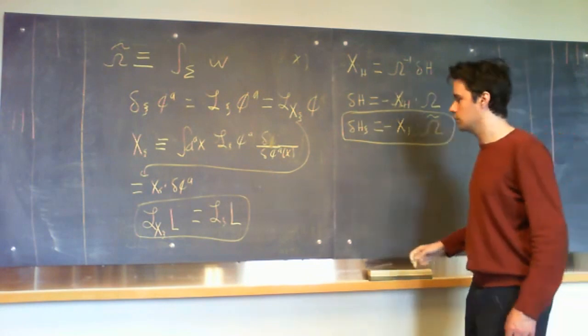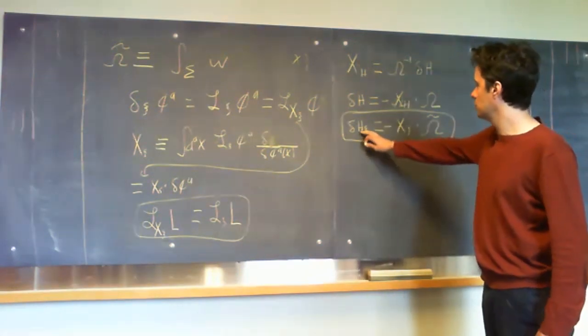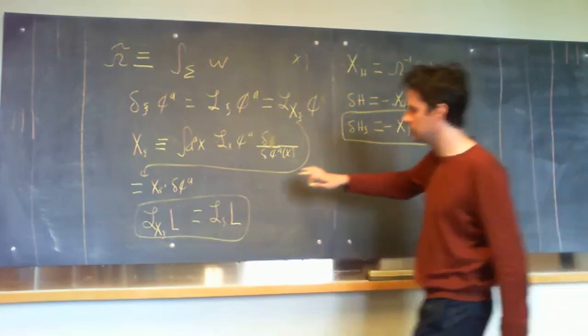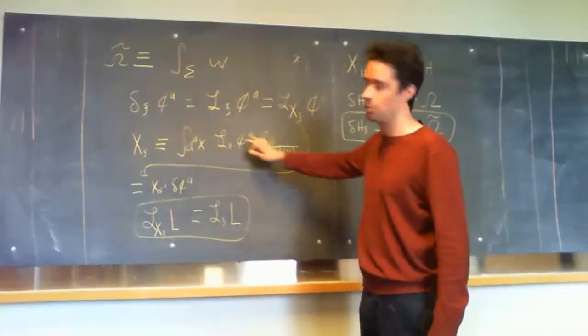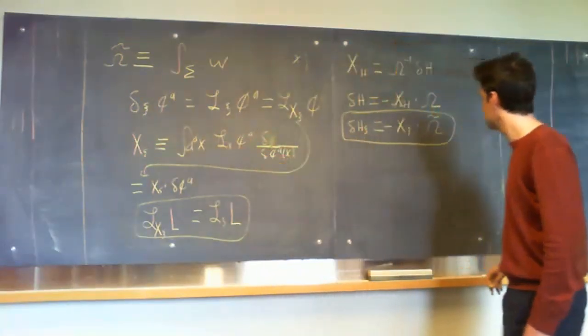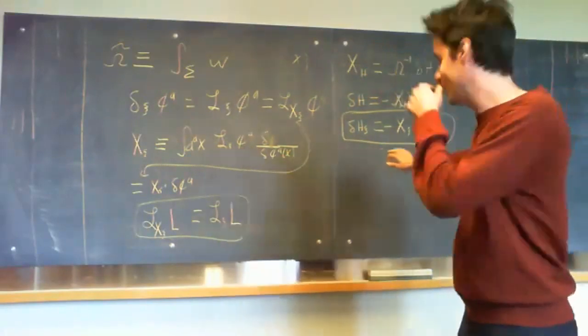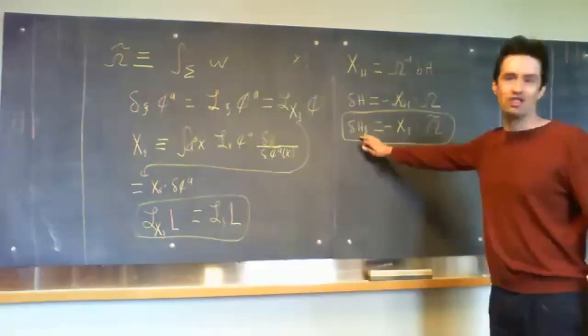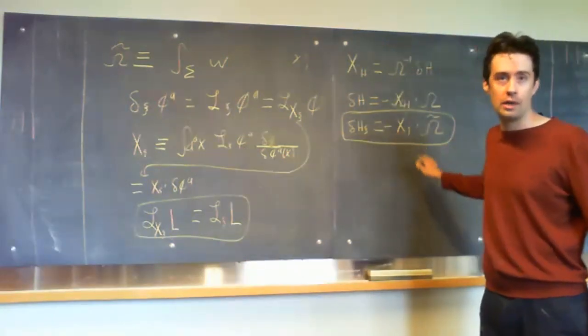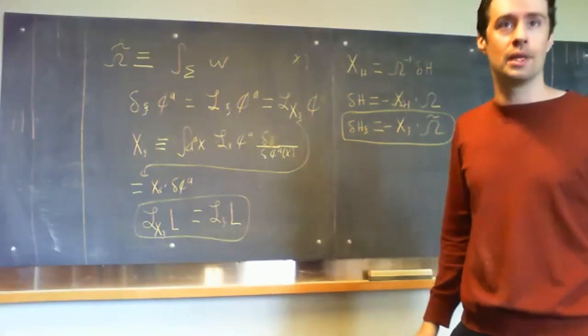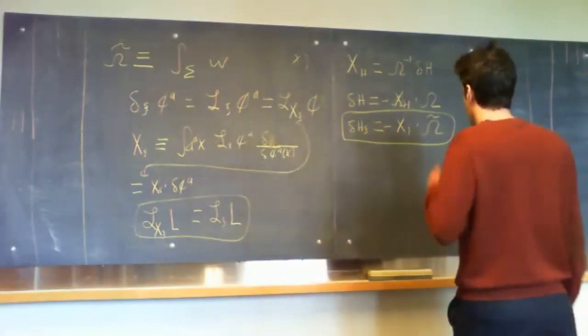So the task of identifying the Hamiltonian is that you take this vector field that implements the Lie derivative on all dynamical fields, you insert that into the pre-symplectic form that we just computed, and then you see if you can find a function H_C such that this equation is true. This is how you determine the Hamiltonian.